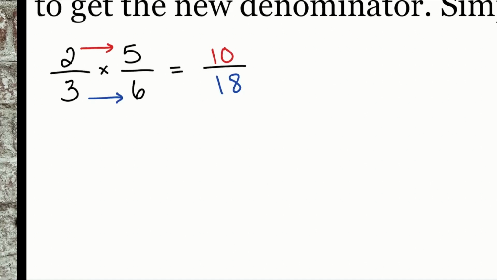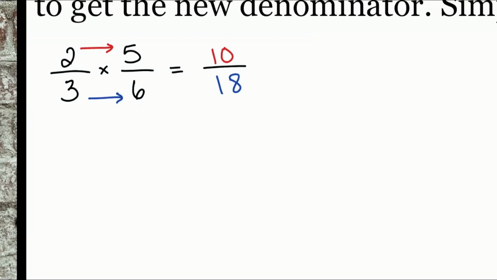So when we take a look at the numerator and denominator, we want to ask ourselves, hey, what's the biggest number that we can divide out of both the top and the bottom? And that's going to be 2 in this case. 10 is divisible by 2. 18, yeah, that's divisible by 2.